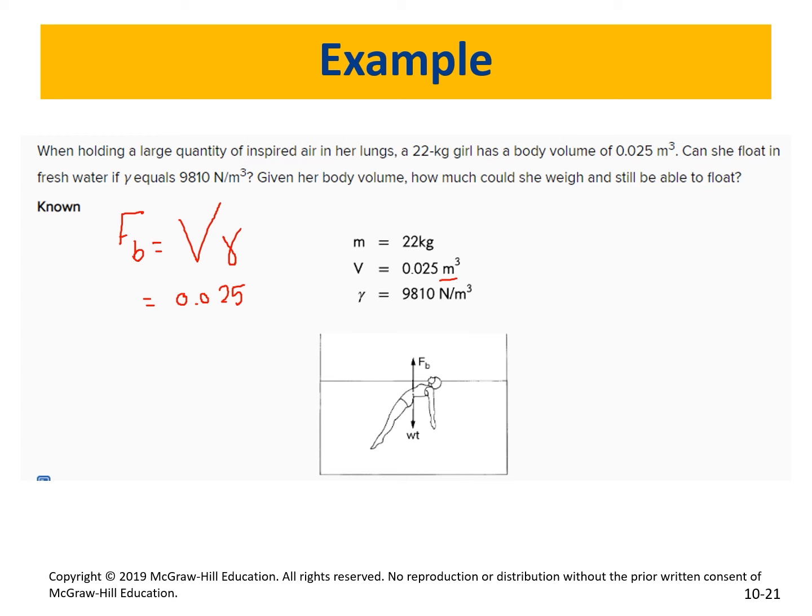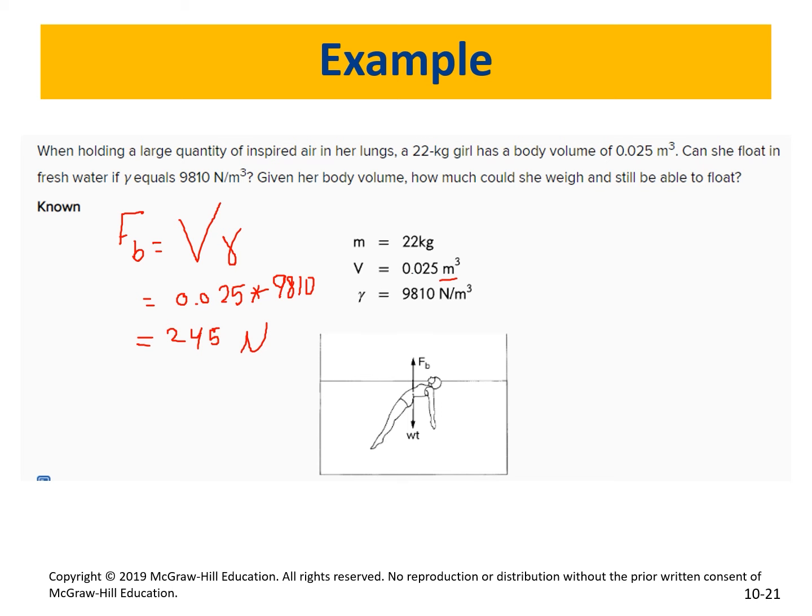So that's 0.025, and then you multiply it with the specific weight that is 9,810. This is in newton per meter cube, and that's meter cube. They will go together, and you'll end up with the multiplication in newtons. How much is that? 245.25. I will just put 3 significant figures, 245. So that's how much the buoyant force is.